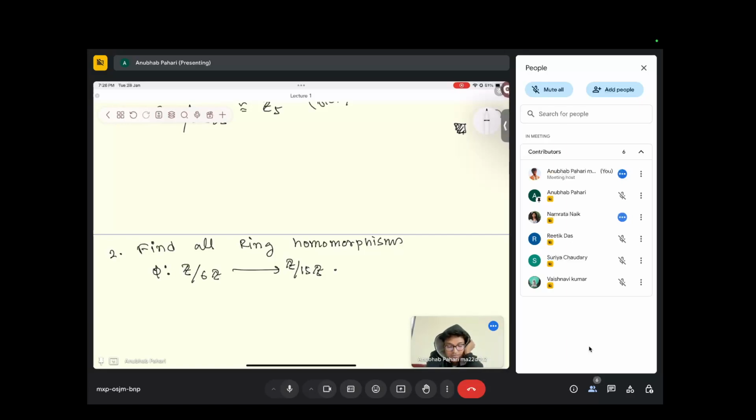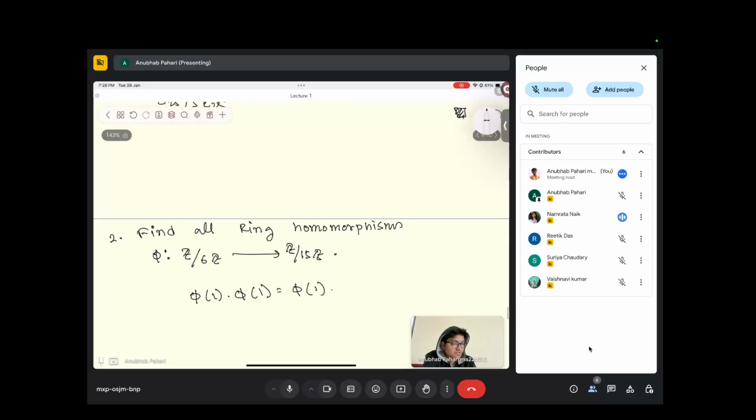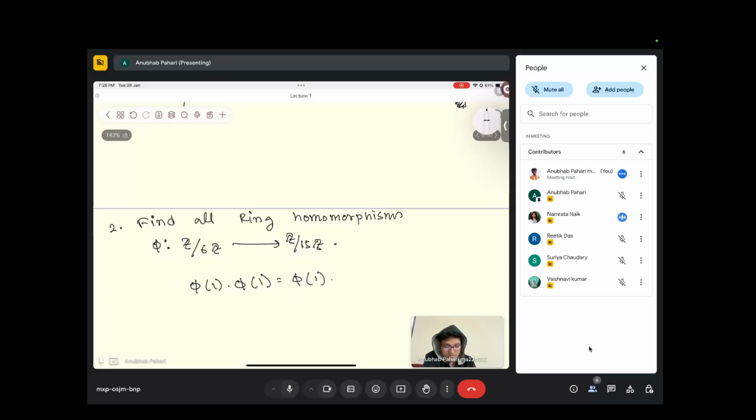But is it one going to one? I mean, we have to be a little careful about that, because phi of 1 dot phi of 1 should be phi of 1. So there are only two elements that satisfy this property, like a square is the same as a in Z modulo 15.